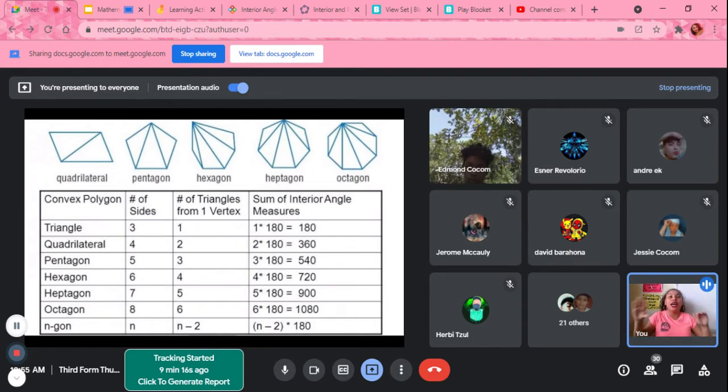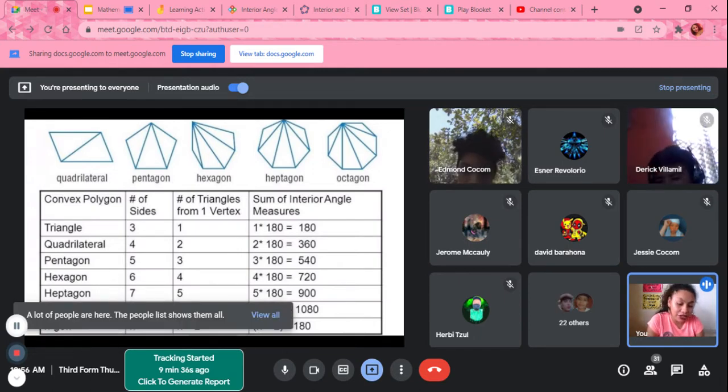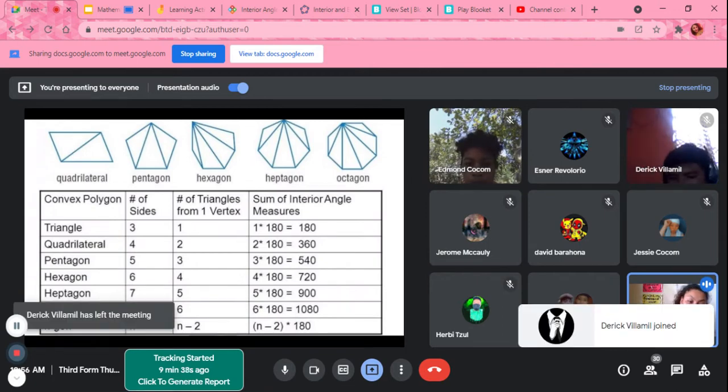A pentagon has 5 sides, but it has 3 triangles. So I am going to do 3 times 180, and that is going to give me 540. If I have a shape that has 9 sides, it is going to have 7 triangles. So I am going to do 7 times 180.